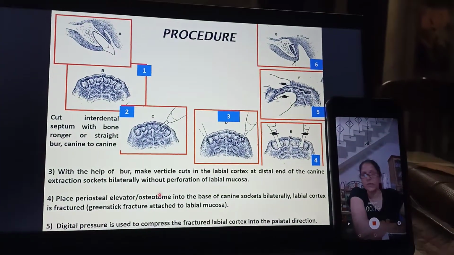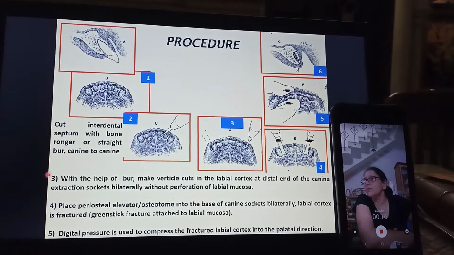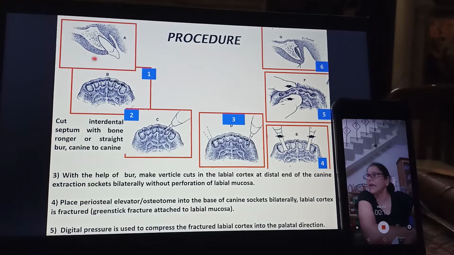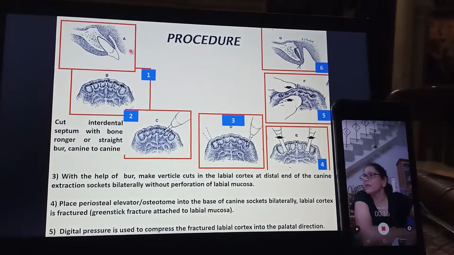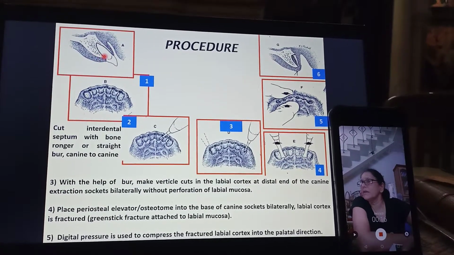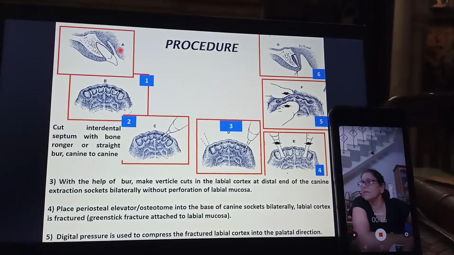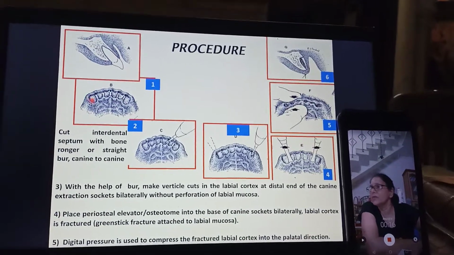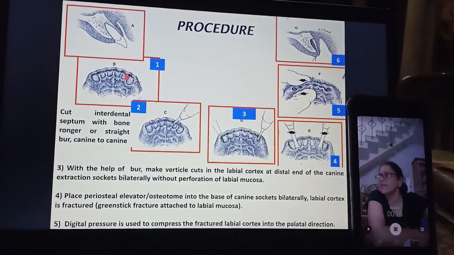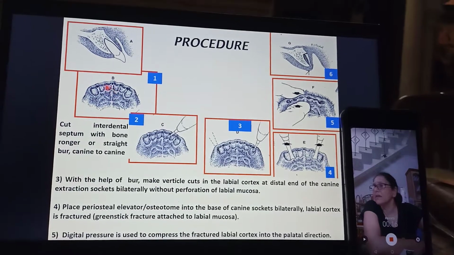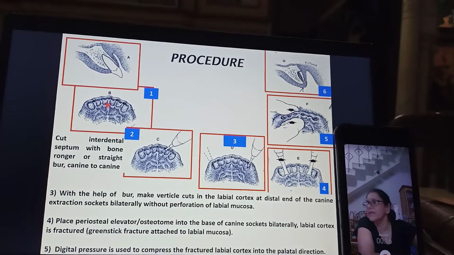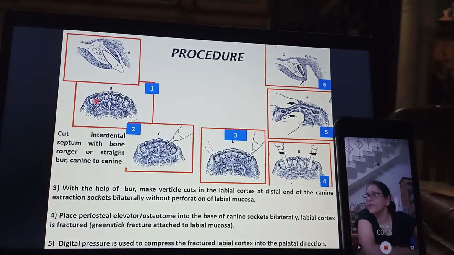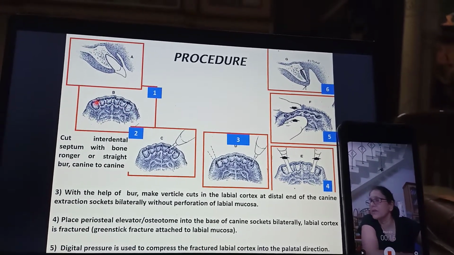So this is the procedure. Coming to the A, that is the tooth to be extracted. Because this is carried out after the extraction of multiple teeth, you are looking at 6 teeth which are being extracted from central to canine on one side and central to canine on the other side. Once these extractions are carried out, these are the sockets.